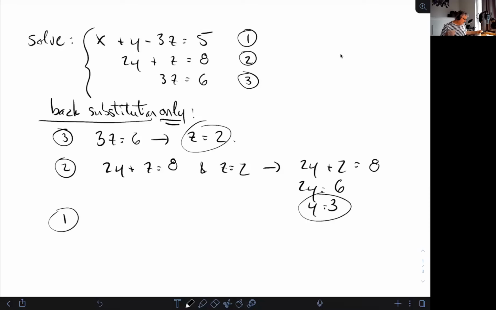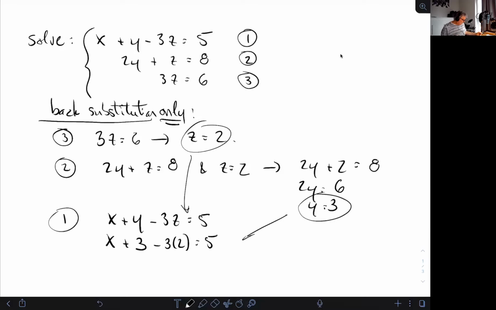Okay, so then once I've got these two, I go to the next equation, which is x plus y minus 3z equals 5. I also have now that y equals 3. So this is x plus 3 minus 3 times 2, since I found z equals 2. This is 5, right? So this goes here.